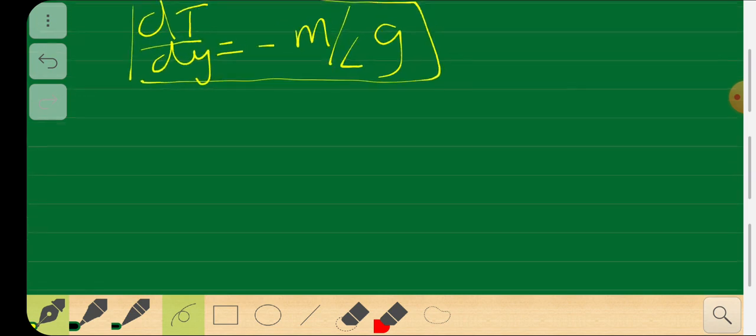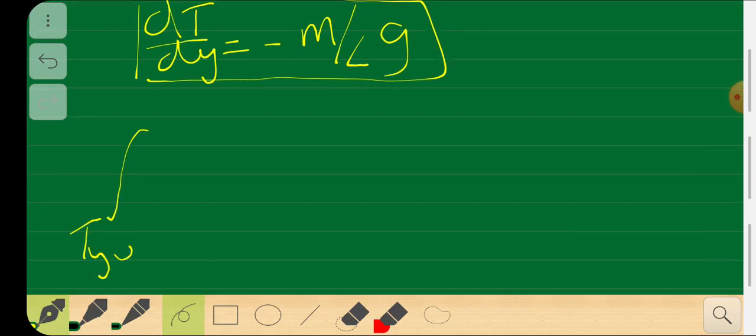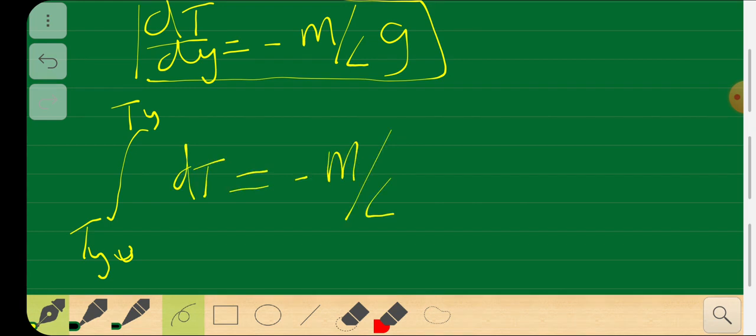You can say integral of dT from y equal to 0 to T at y must be equal to minus m by L g times the integral of dy, from y equal to 0 to y, right?